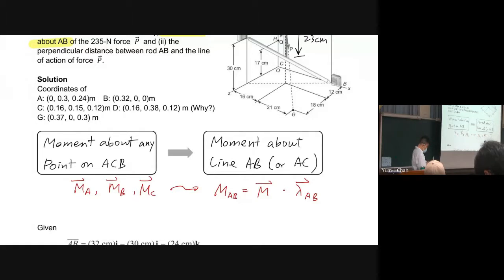Here I use MB, and then here we determine MAB is equal to MB dot lambda AB. Of course, you can take any other point as well.